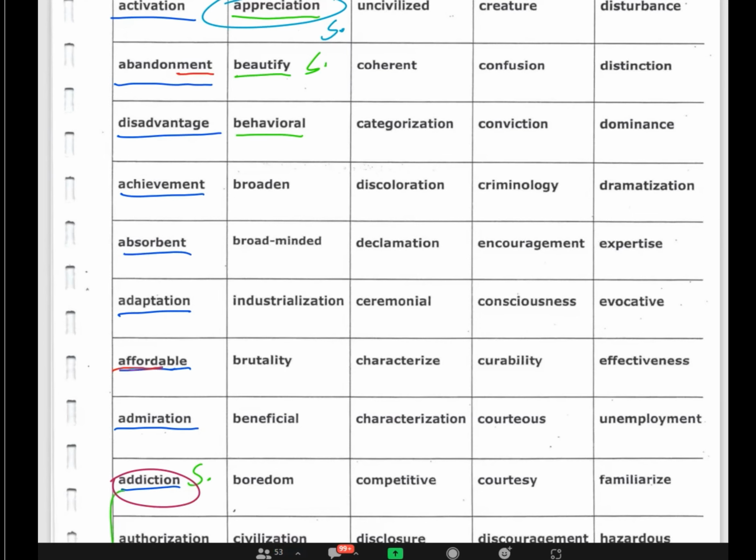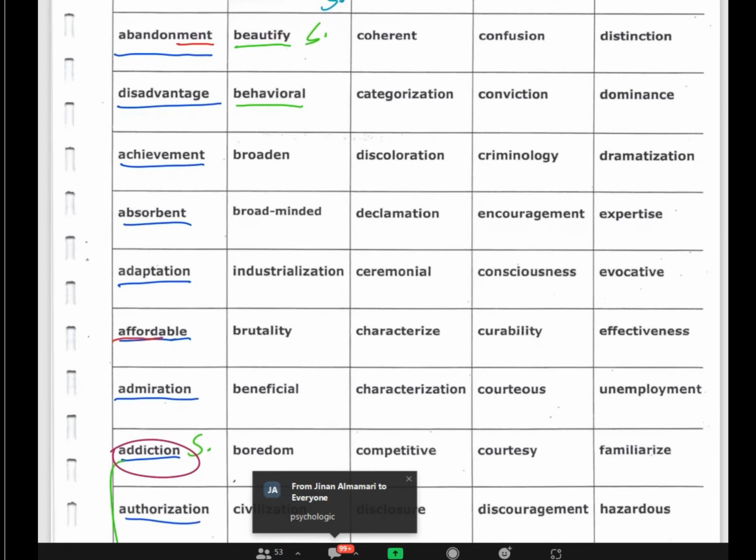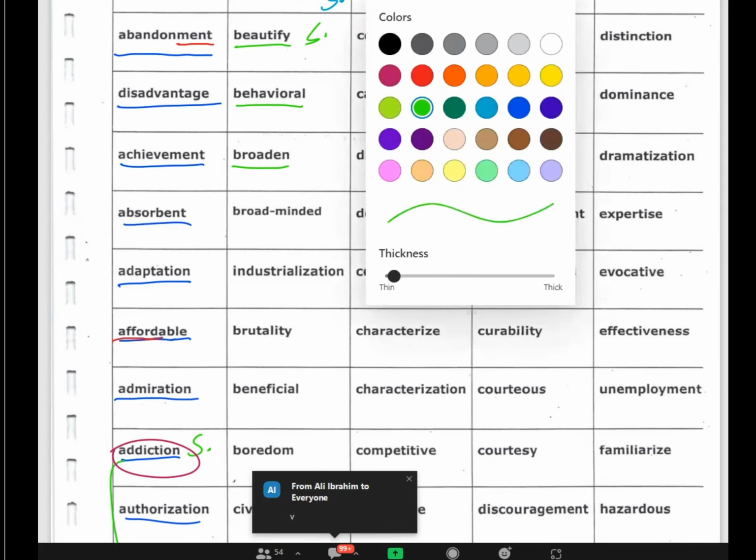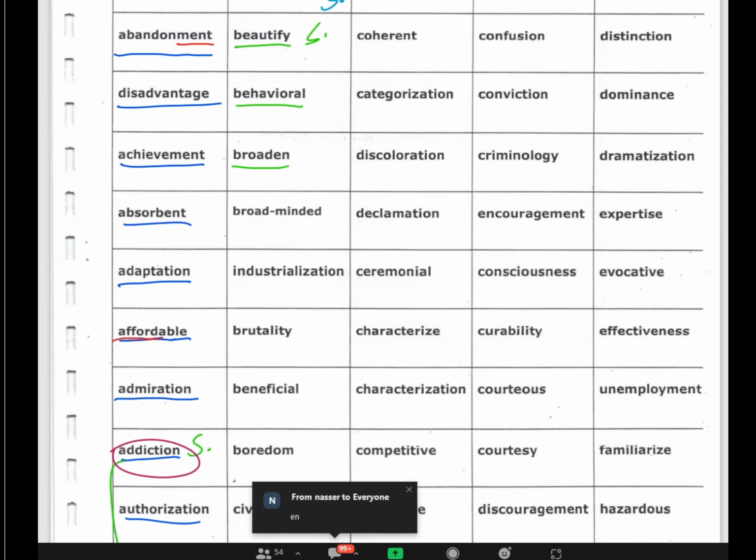So they try to copy them. Behavioral learning. Yeah, psychologic. Broaden, noun, verb, adjective? Verb. Why is it a verb? It ends with en. Very good.